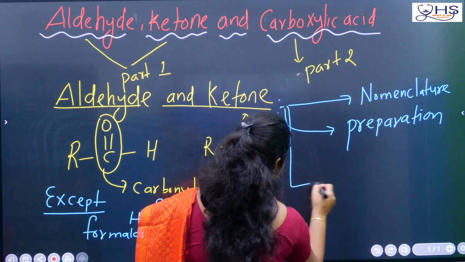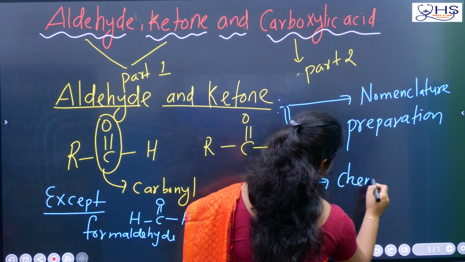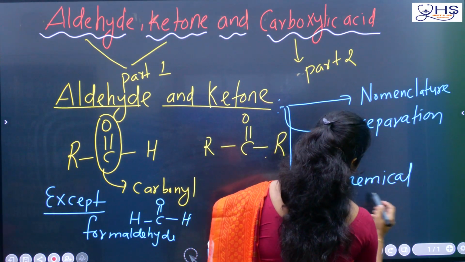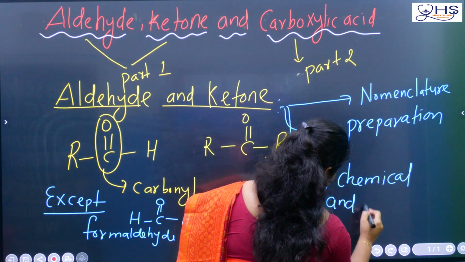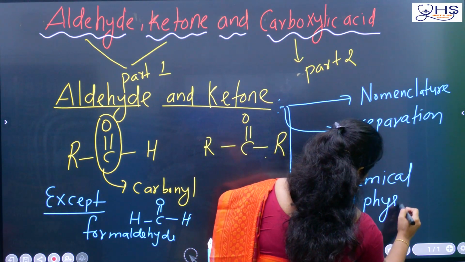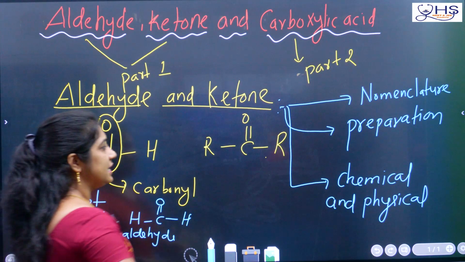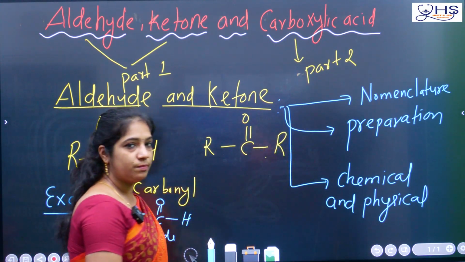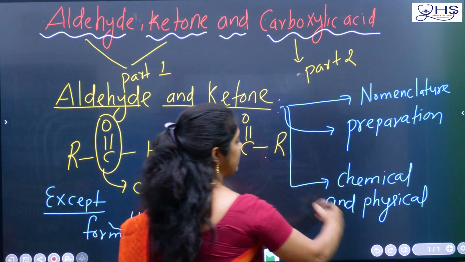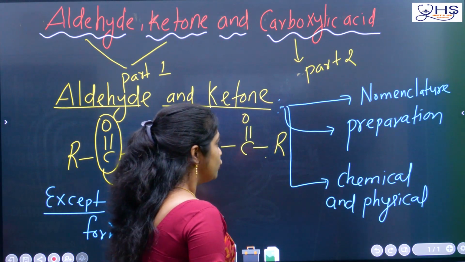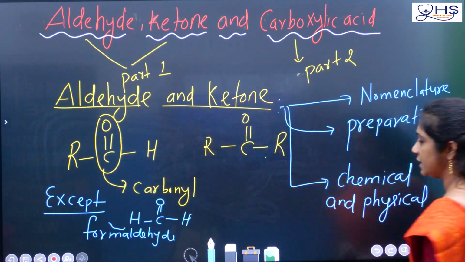And the third part is chemical properties and physical properties. So one is the nomenclature part, second is the preparation part, and third is chemical and physical properties. All these parts' questions are coming.